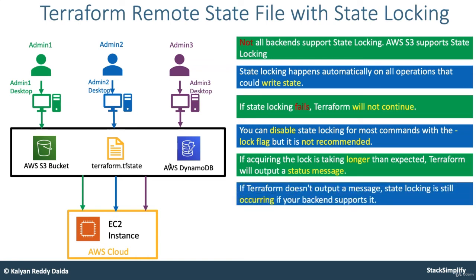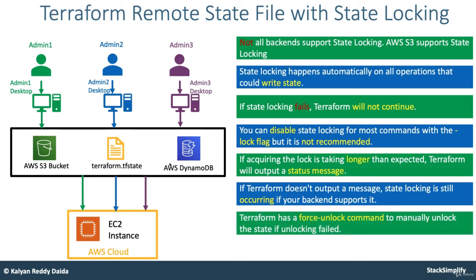If Terraform doesn't output a status message, state locking is still occurring if your backend supports it. Another thing here is that Terraform has a force-unlock command to manually unlock the state if unlocking failed, which is a non-recommended option. But if there is no other way, then you can use this force-unlock command.